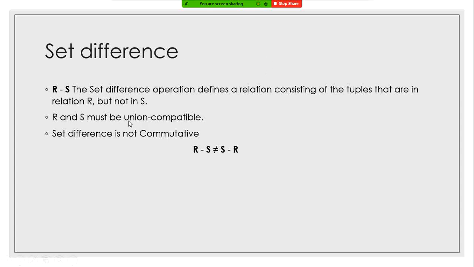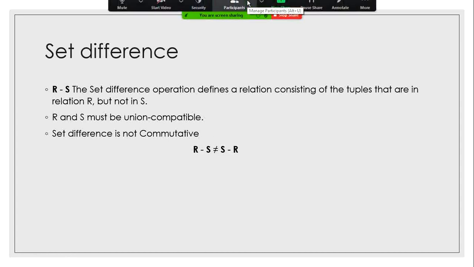R and S must be union compatible, like I have explained before how two tables can be union compatible. The same condition applies to the set difference. Set difference is non-commutative. R minus S is not equal to S minus R. So the position of tables is important in set difference.